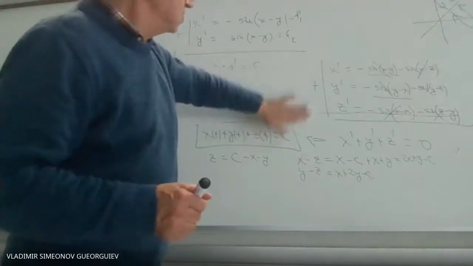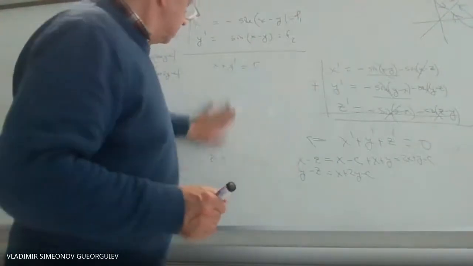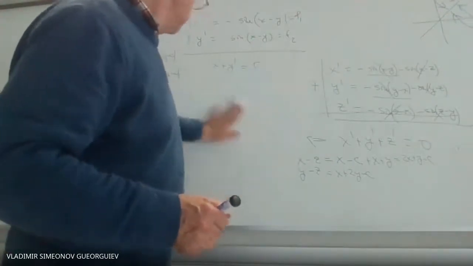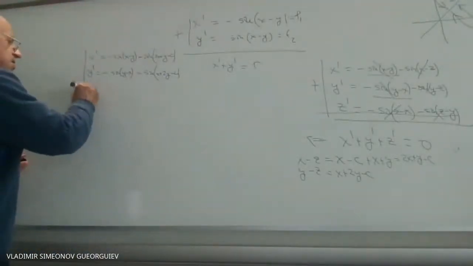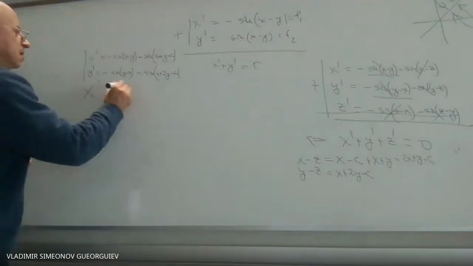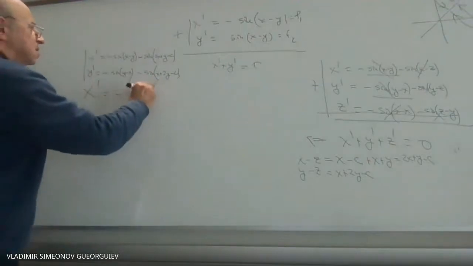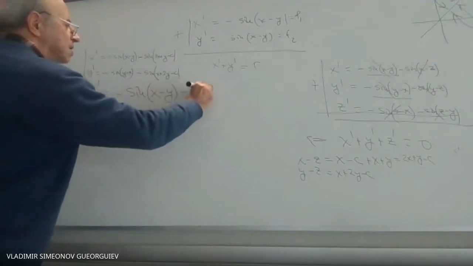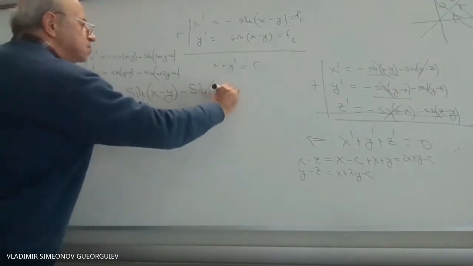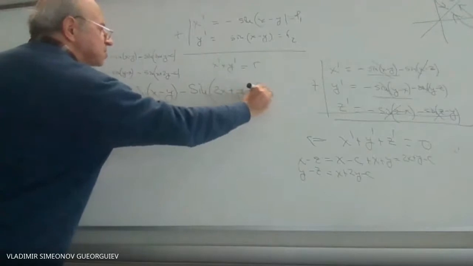So I shall cancel this part, and I shall write x prime is minus sine of x minus y minus sine of 2x plus epsilon minus c.